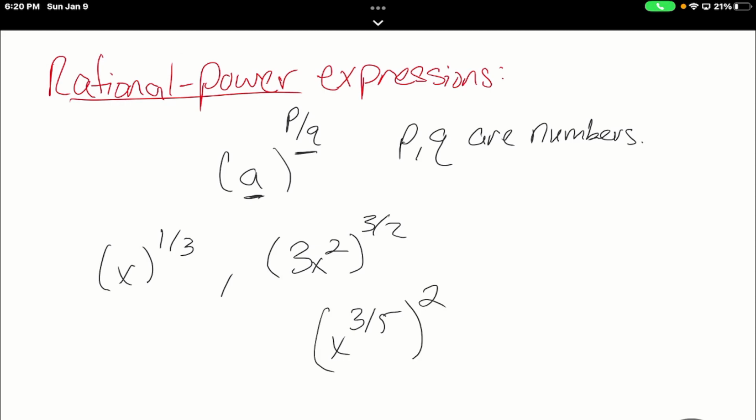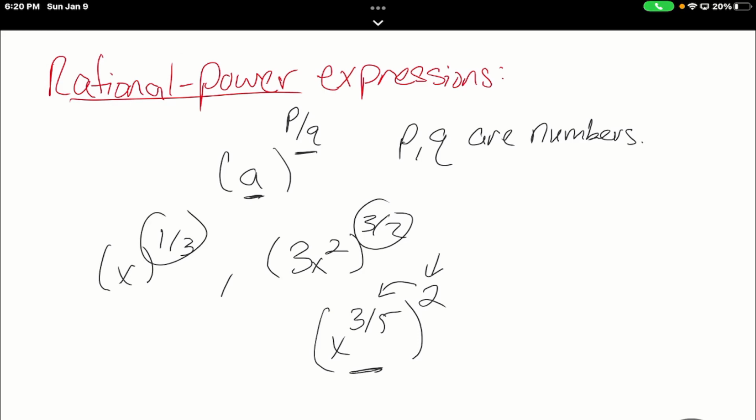That's an example of a rational power expression. Basically, you're looking for something that is inside something that is being exponentiated. 2 is technically a rational number. We'll learn later on that you could take this 2 and simplify it a little more, but that's for next lesson. So basically, you're looking for something that is raised to a power that looks like a fraction. That is an example of a rational power expression.